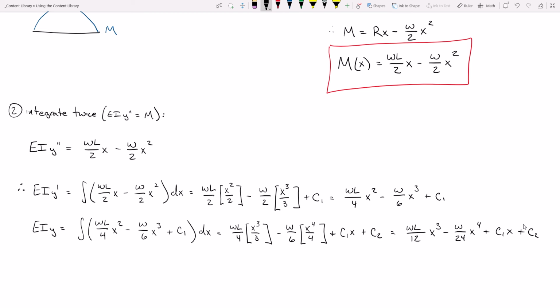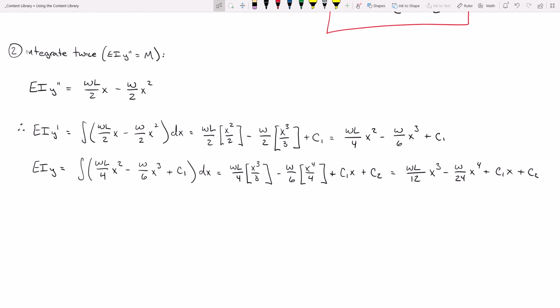Now, step 3. Boundary conditions to solve for C1 and C2.